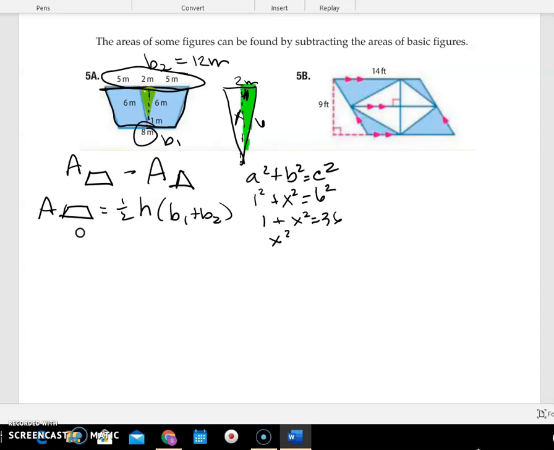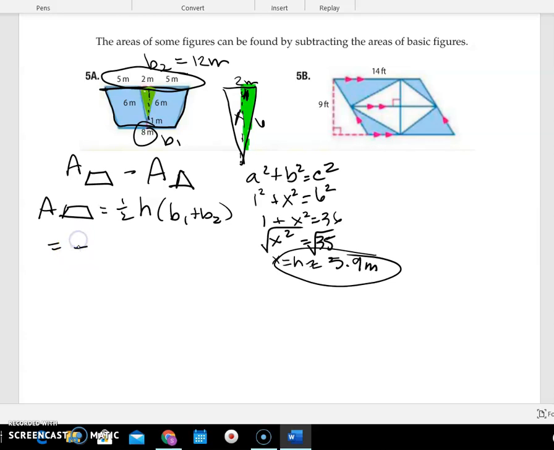And so I'm going to subtract 1, and then I have to come back and find the square root. And so x, which is my height, is about 5.9. Okay, so that's what I'm going to use for my height there.